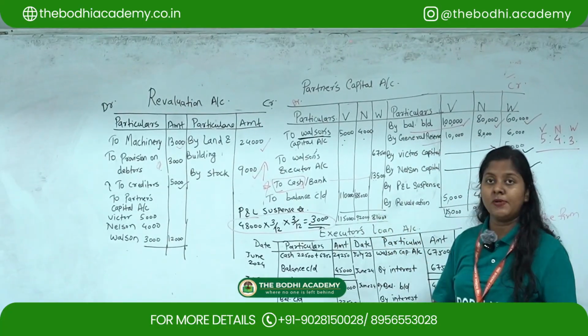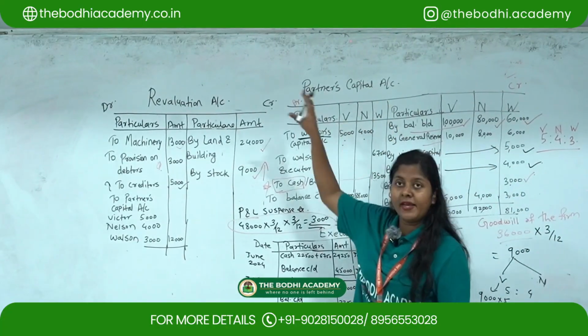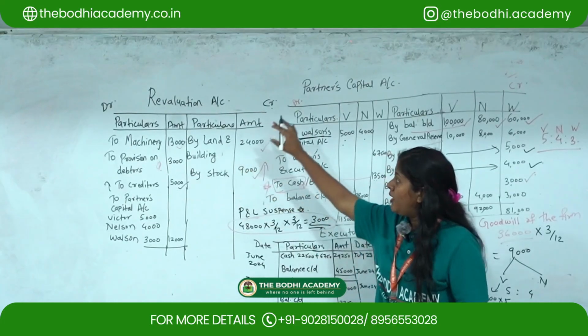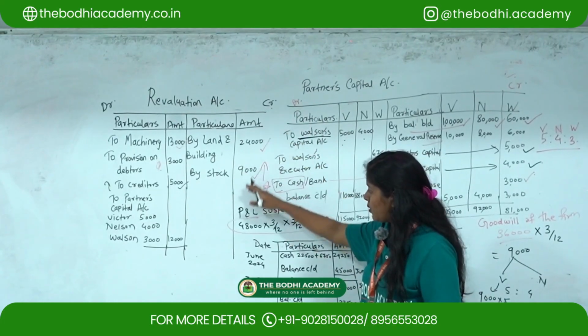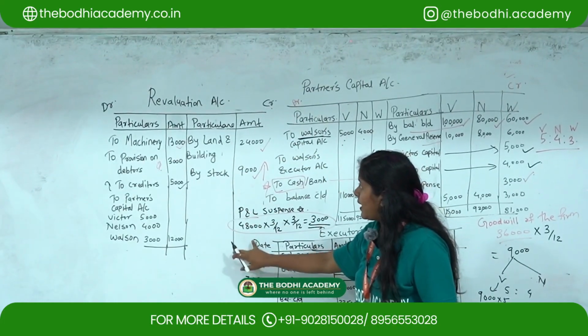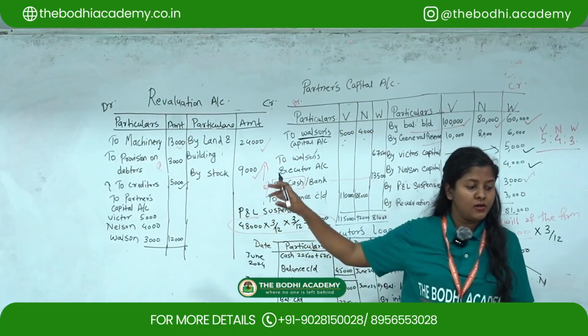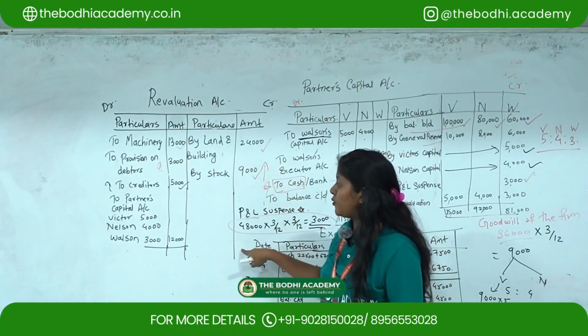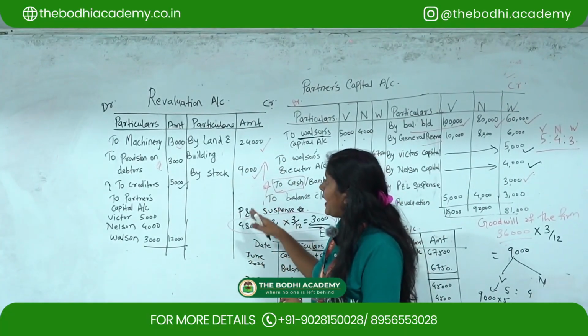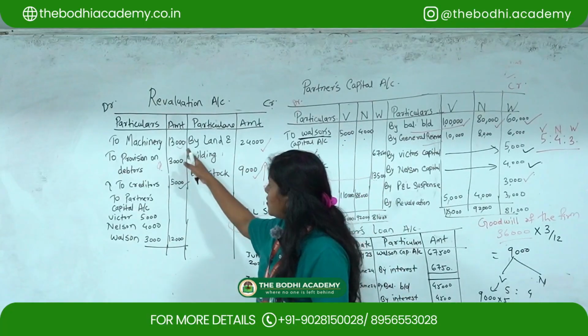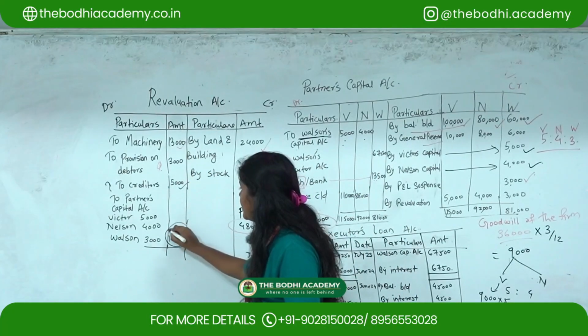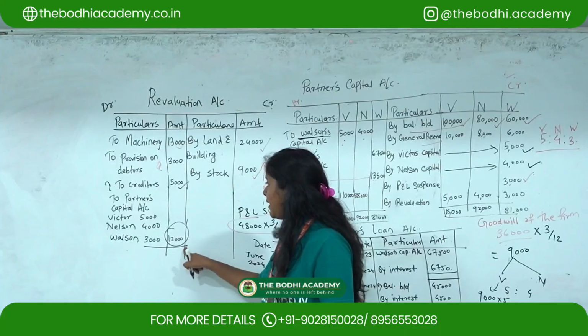Now after the adjustment, the first step is you have to come back again to the revaluation account. You have to check the total of all the accounts. So here you have to check which side is heavier. So currently credit side is heavier, and now you have to find out the difference. So the difference what I am getting is this 12,000.